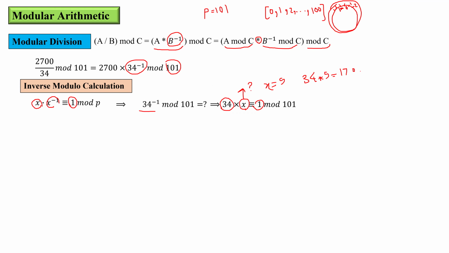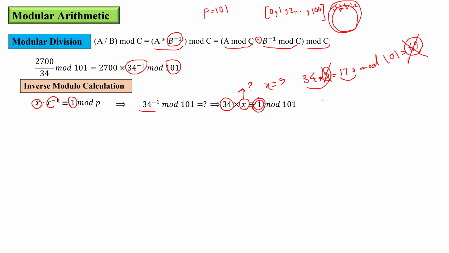And 170 mod 101 equals 69, right? So their multiplication equals 170, and mod 101 it equals 69. But we want the final result to equal 1, not 69. So we say that the inverse of 34 is not 5.